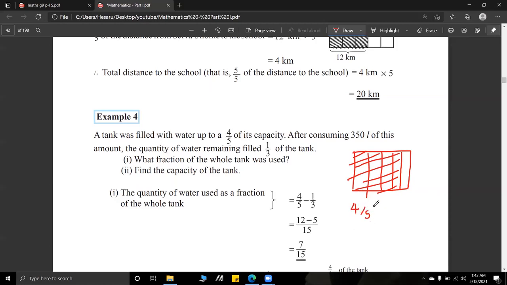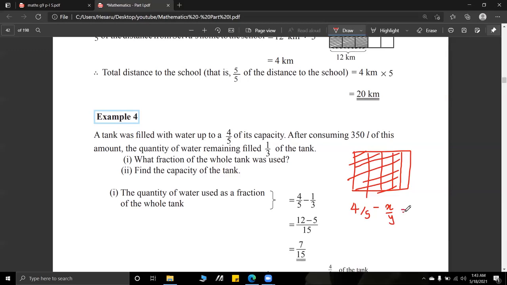Then after using some amount, let's take the fraction you consume as x, or to be more clear for you, let's take it as x over y. So originally there was 4 over 5, then you use x over y amount of water.